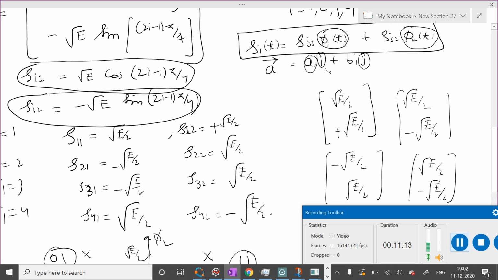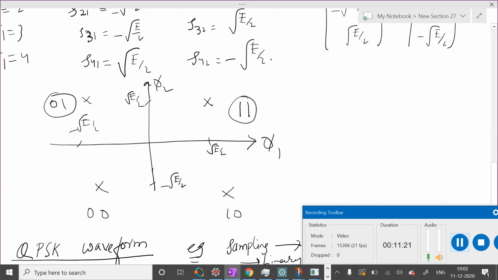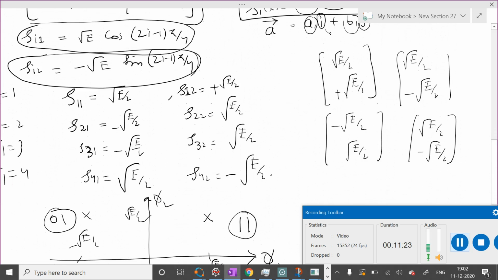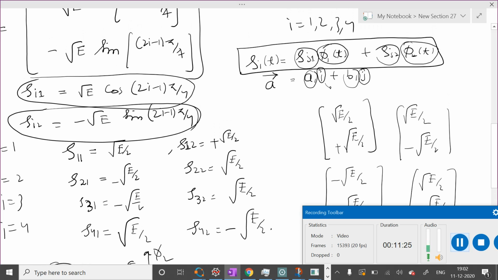And A1, B1 are the coordinates. So we have here Si1, Si2. They are the coordinates in the phi1, phi2 axis. Now what we do is the odd bits are represented by Si1, the first part, and even bits are coded by the second part.